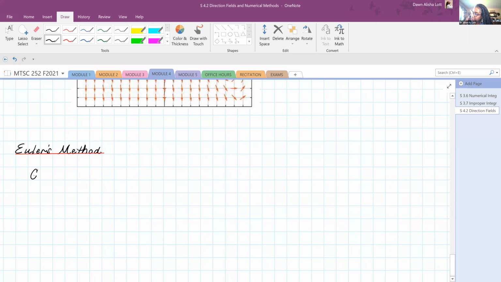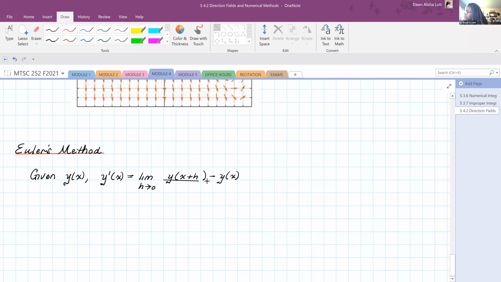So given y of x, we know y prime of x is equal to the limit as h approaches 0 of y of x plus h minus y of x, all over h.